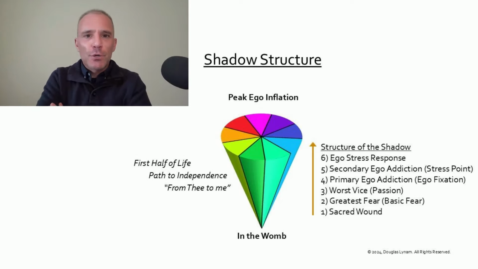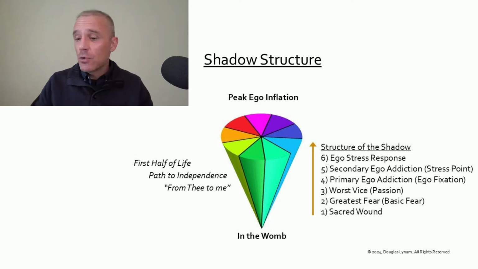So if you've overdosed on a stimulant, one way you can combat that is by taking a depressant. And that's sort of what your secondary ego addiction is doing. It creates what I call your ego stress response. And that ego stress response is the actual behavior that you manifest, which will be the inverse of your primary ego addiction. And that, of course, leads into the money monsters.